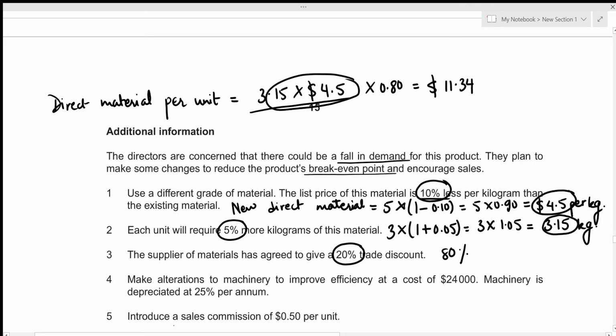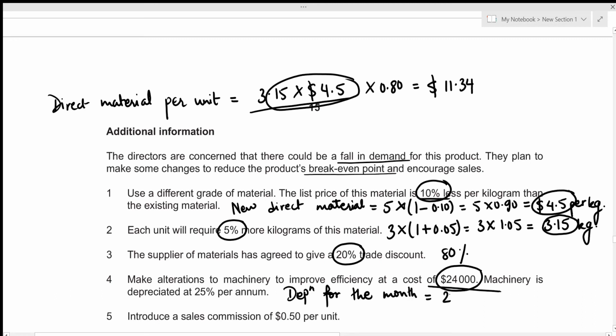Okay, then for the fourth piece of information, we are to make alterations to machinery to improve efficiency at a cost of 24,000. So this will definitely be added to the machinery cost, and machinery is depreciated at 25% per annum. So this increment in the machinery cost should also be charged with depreciation. So let's figure out the depreciation charge for the month, because we are doing it on a monthly basis.